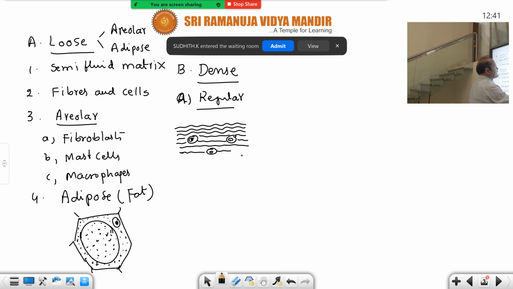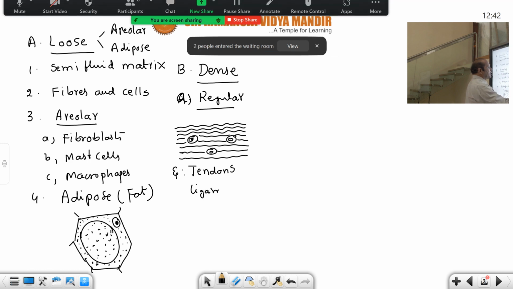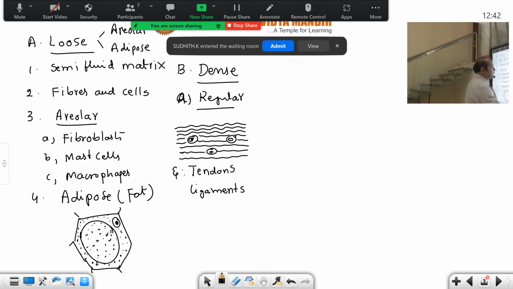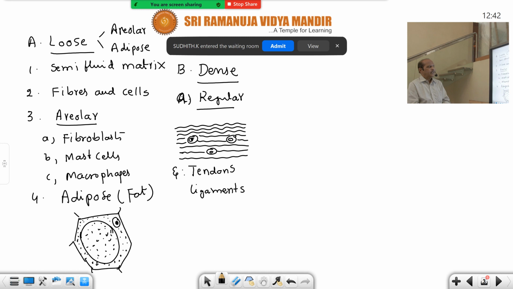More collagen fibers are present which are parallelly arranged. So on seeing this diagram, you can say that it is a dense regular fibrous connective tissue. Examples: tendons which connect the muscles with bones, and ligaments which connect one bone with the other bone. Two bones are connected by ligaments, and muscles and bones are connected by tendons. Best examples.